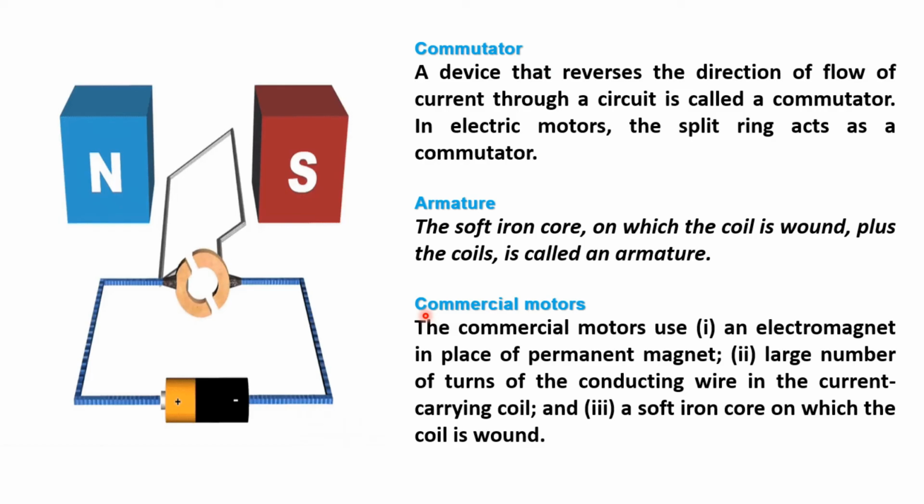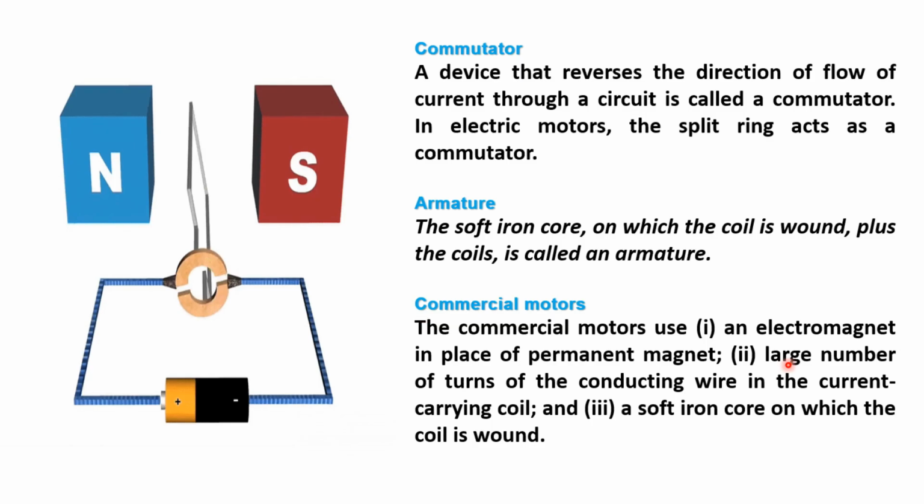Commercial motors use an electromagnet in place of permanent magnet. These north and south are permanent magnets. But if we use an electromagnet instead, the efficiency of the motor will increase.